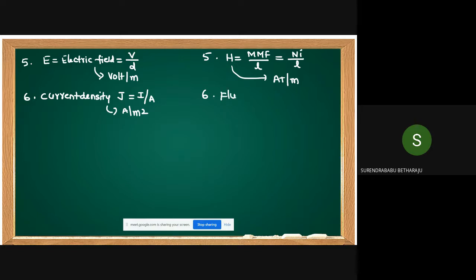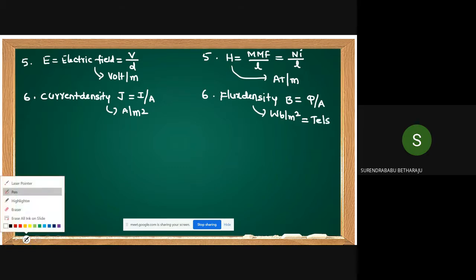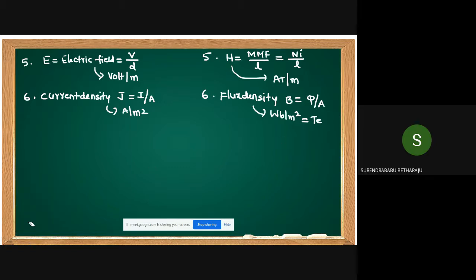The flux density B is equal to phi by A. What are the units of flux density? Weber per meter square. 1 Weber per meter square is equal to 1 Tesla.